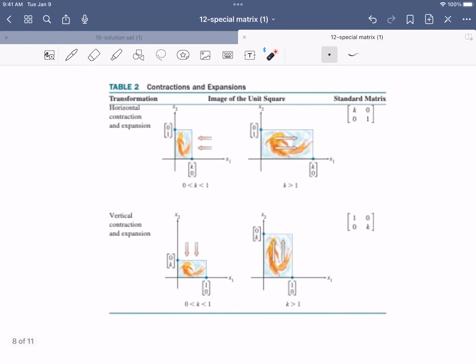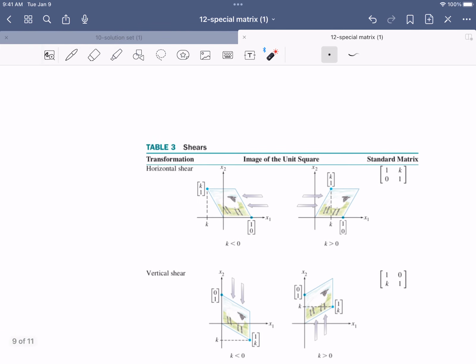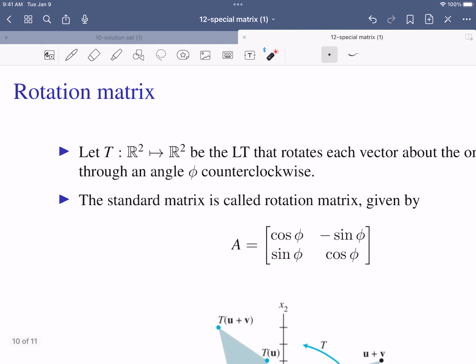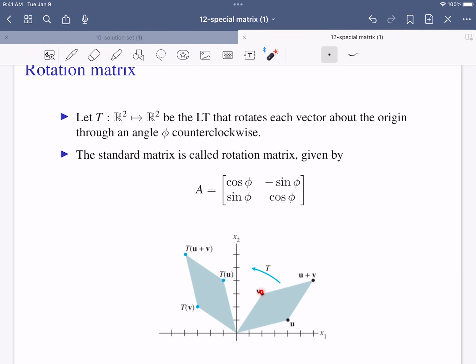There are also contraction and expansion, which are given by left multiplication of some standard special matrix, and there are others. So horizontal shear and vertical shear. And rotation matrix: if you have some picture, you can also rotate the picture to get a new image.